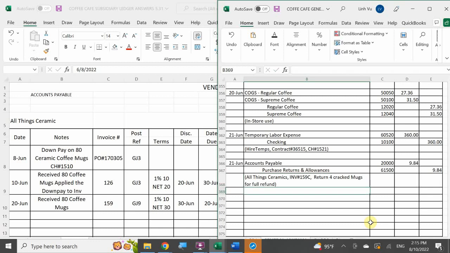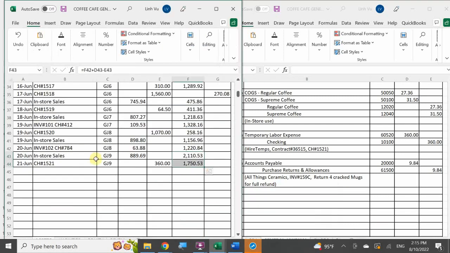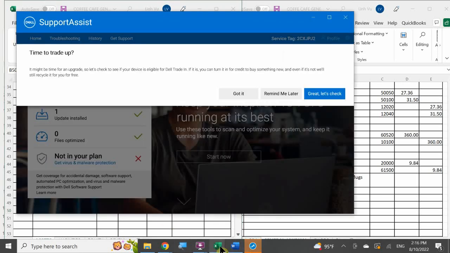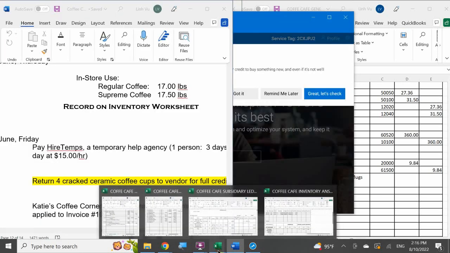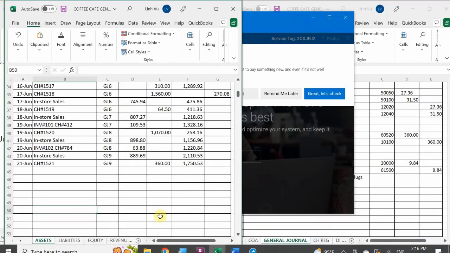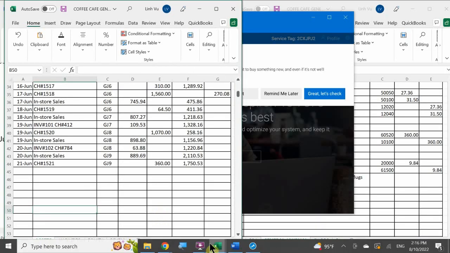And then you go to the general ledger. I pull up the right one. Okay, so we go to liabilities first, accounts payable. Hold on, I'm sorry.